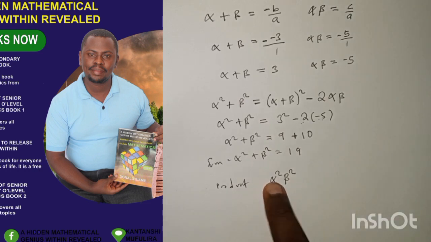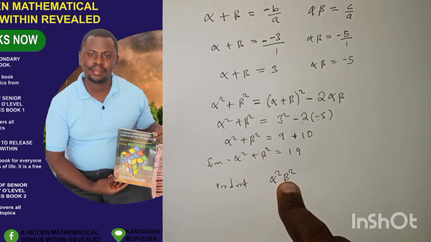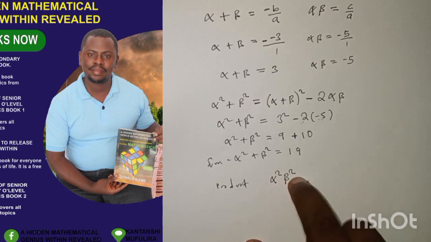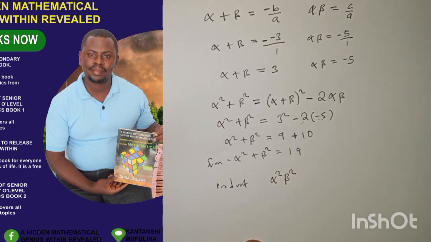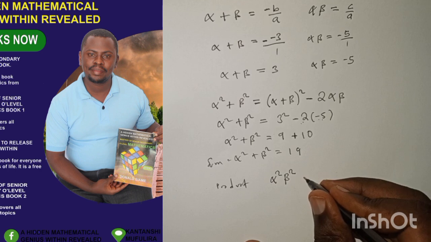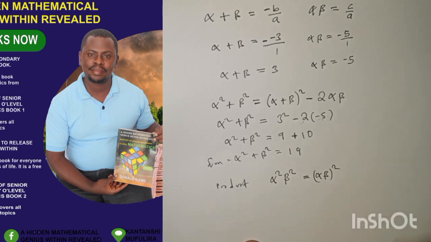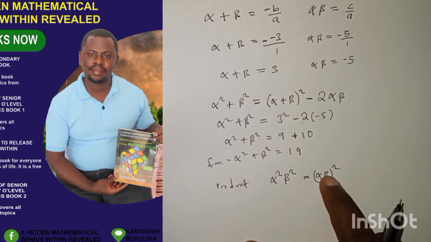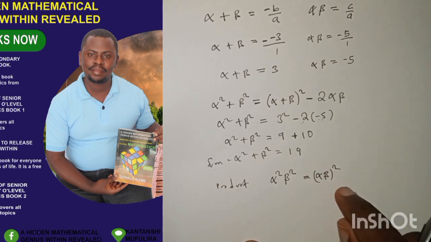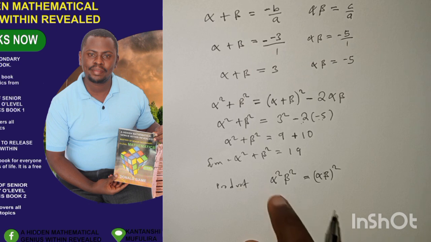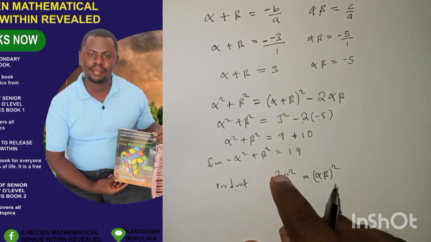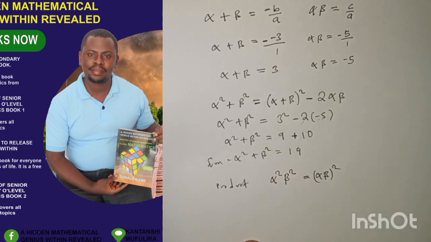This can be simplified as alpha beta all squared. So the product of alpha and beta, then you square. That's what it implies.